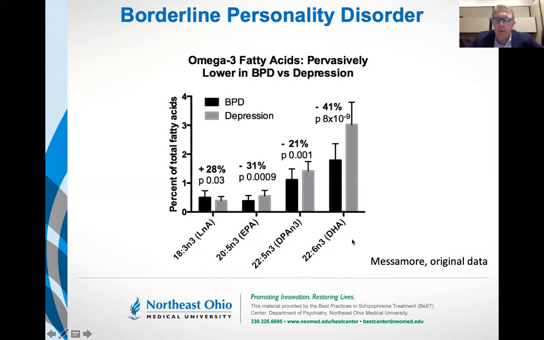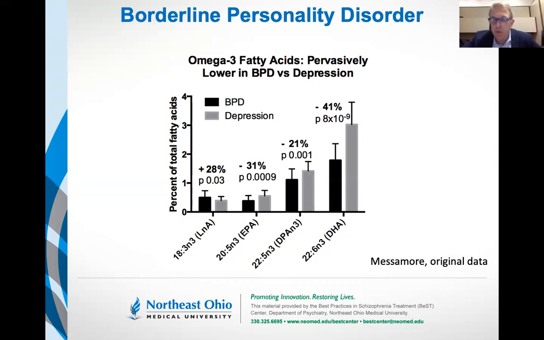So first of all, the people in the depression group were already substantially below national averages in omega-3 fatty acid content. I didn't show you those data here, but everyone in the depression group was well below national average for predicted omega-3 levels. So they were bad. And comparing the borderline personality group to those already deficient depressed individuals, it was remarkable.